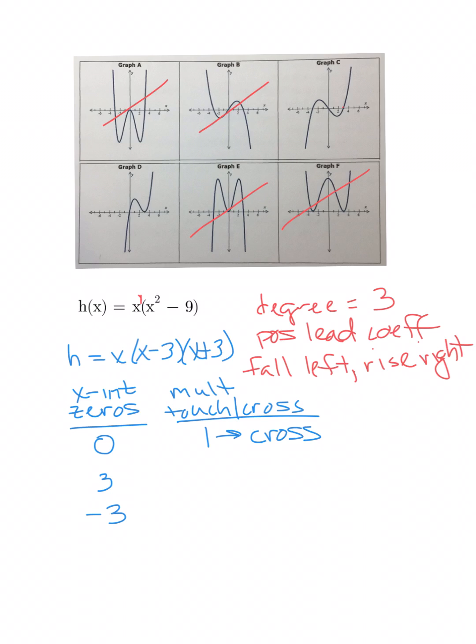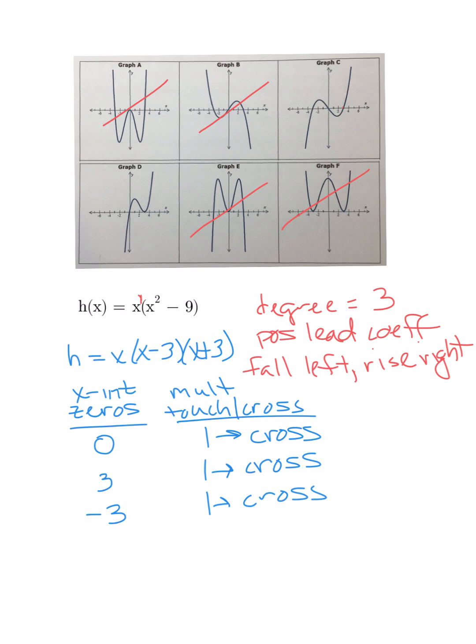For the x-intercept of 3, when you look at the quantity, the power is 1, so its multiplicity is 1, which means, again, we will cross at +3, and the same thing happens for -3.